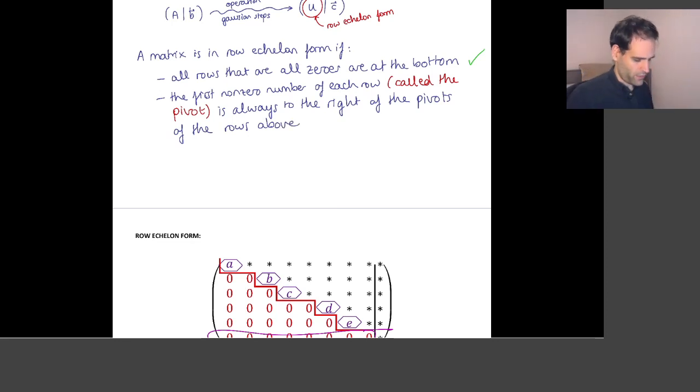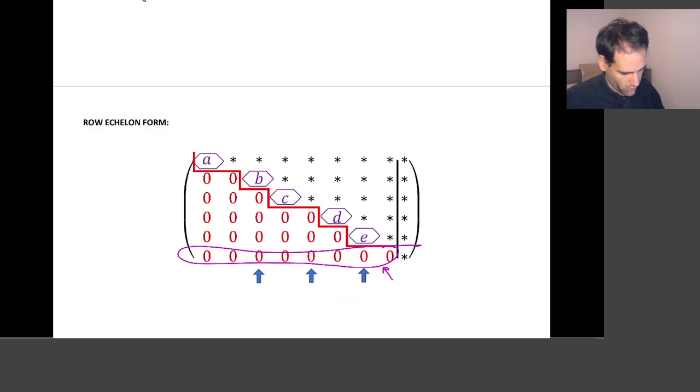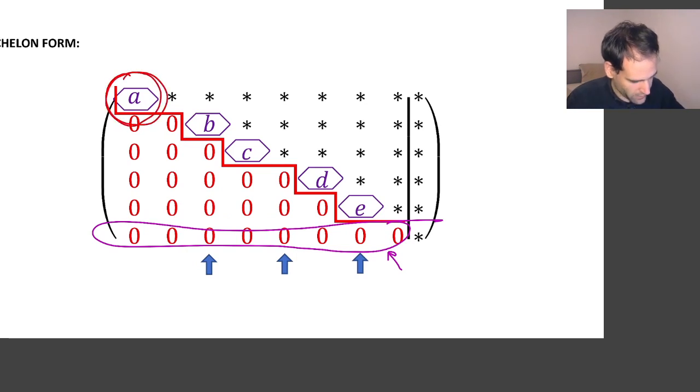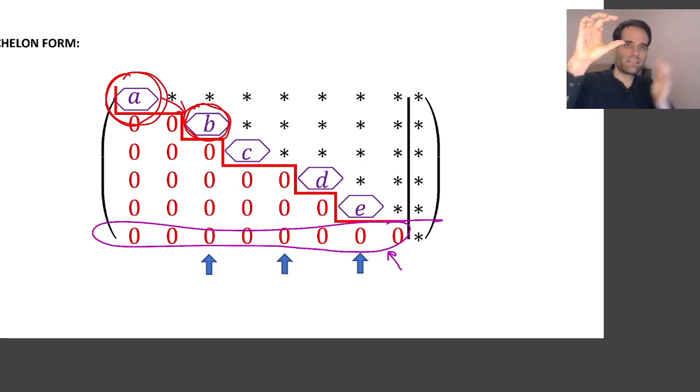So let's think about this. Let's look at all the pivots, which I marked with hexagons here. So this first pivot, is it to the right of all the pivots of the rows above? Well, there are no pivots in the rows above, so yes. This pivot B, is it to the right of all the pivots from the rows above? Well, it's to the right of this pivot A, right? It's in a column that is to the right of the column where A is. So then yes, the answer is yes.